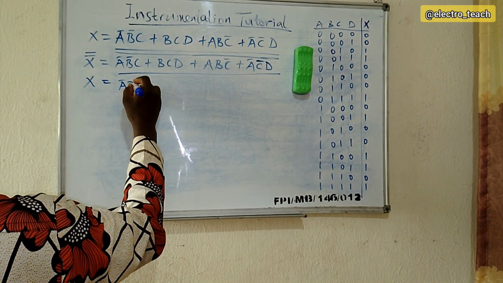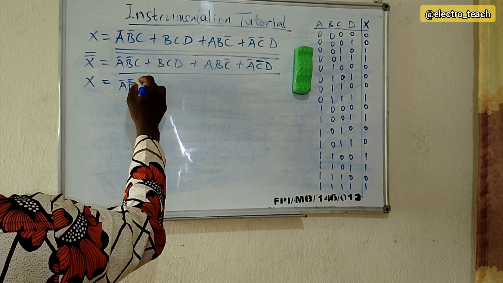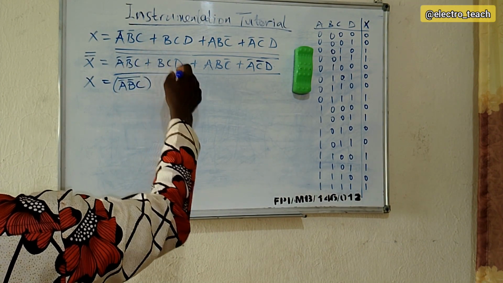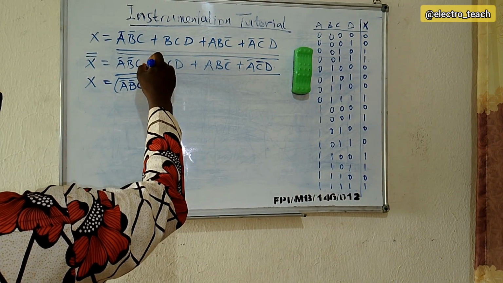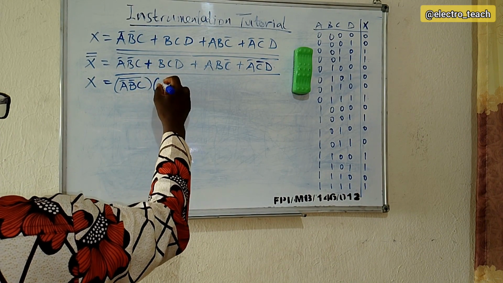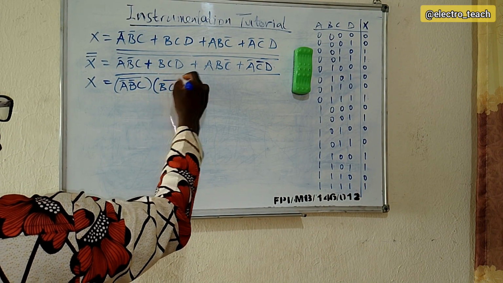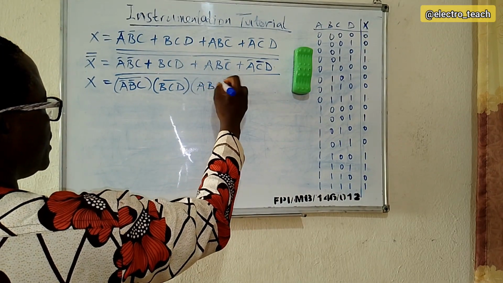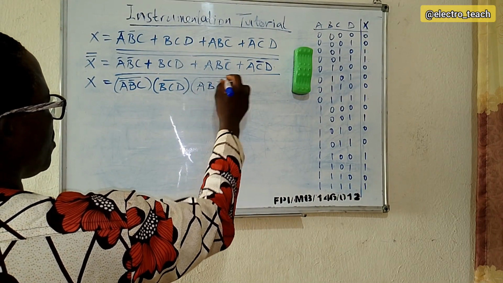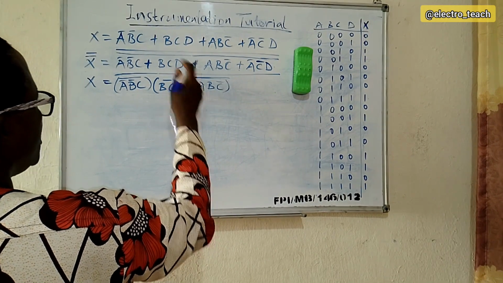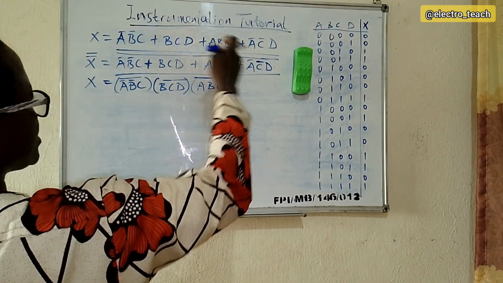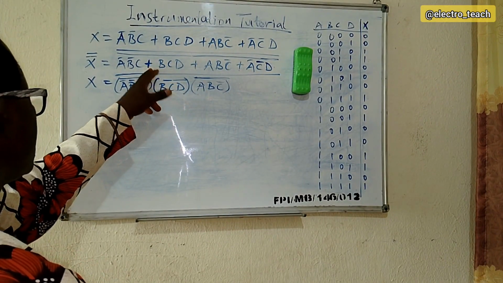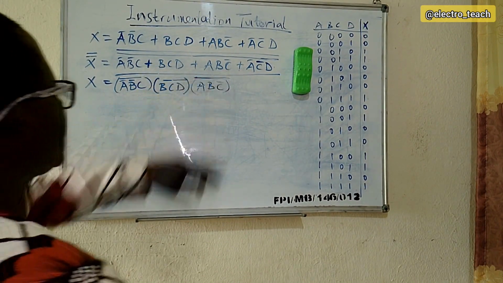A bar B bar C, B C D. So when we apply De Morgan's theorem, the OR sign changes to AND. Another one again, A B C bar. Then there is one bar also. The lower bar breaks onto the terms, turning the OR sign into AND.